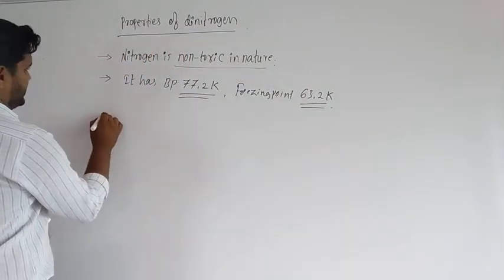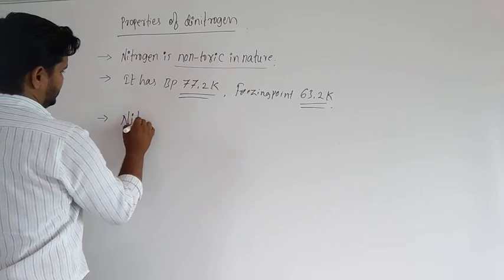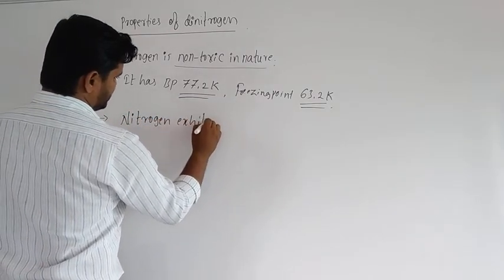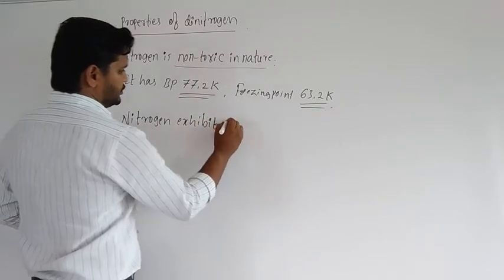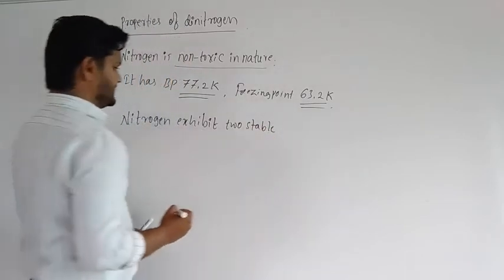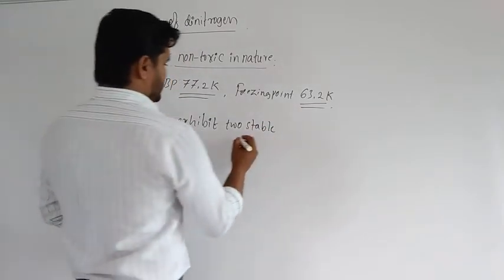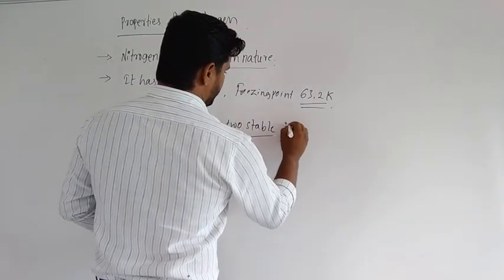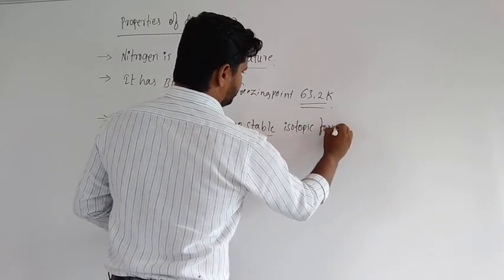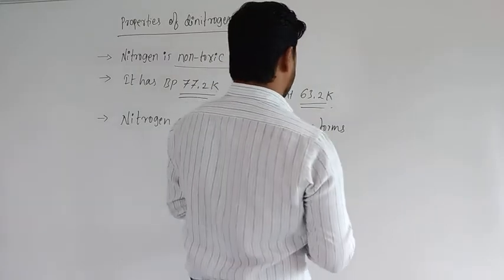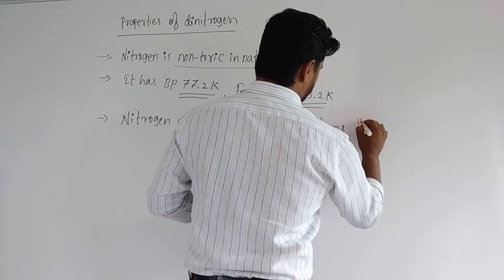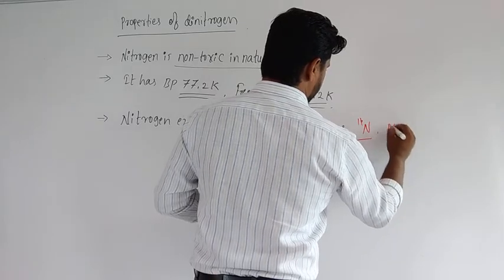And one more, student, nitrogen exhibits two stable isotopic forms. They are N14 and N15.